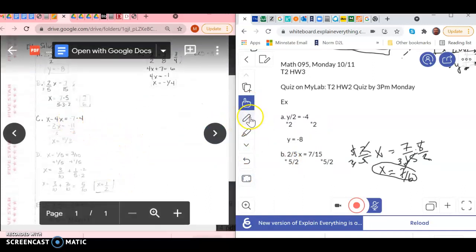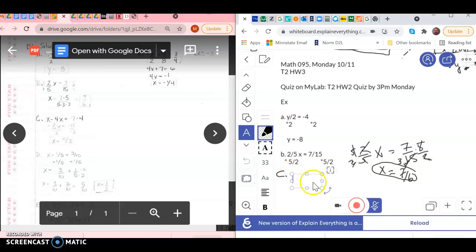Example C. I should probably type this up, be a little bit more orderly. You've got x minus 4x equals -7 minus 4. What you want to do is combine the like terms on either side, so you think of it as 1x minus 4x. How many x's do we have total? 1 minus 4 is -3 x's.